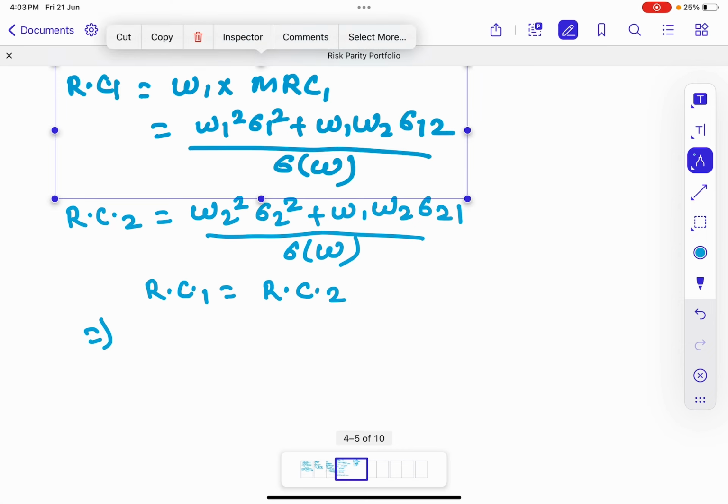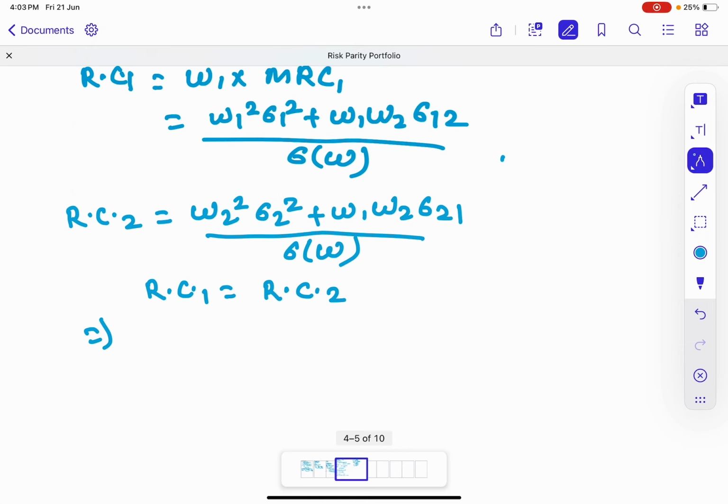If we equate these expressions, the common term is removed. We cannot literally cut like this, but I hope you understand the intuition.